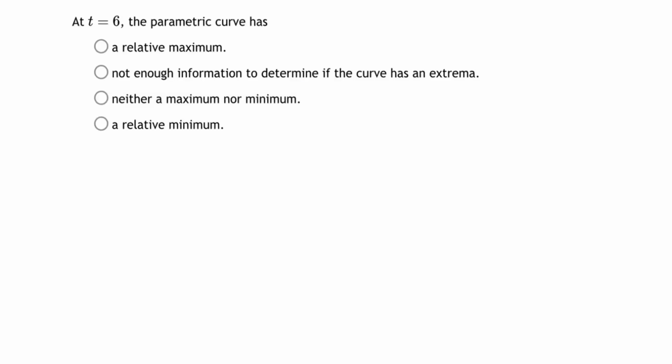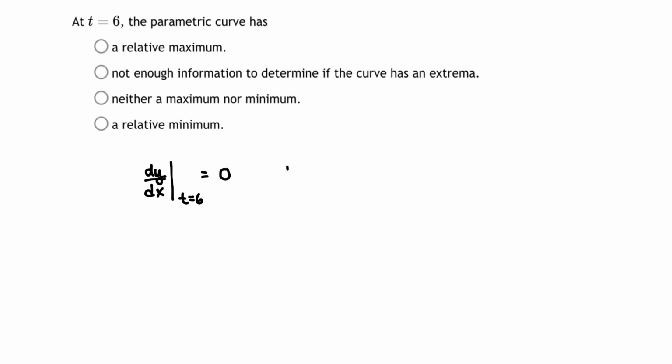Now, for part 3, we're asked if we have a maximum, minimum, or neither at t equals 6, or we don't have enough information. Well, let's recall what we have gathered so far. We know that the first derivative at t equals 6 is 0.